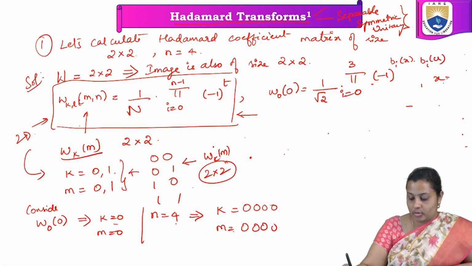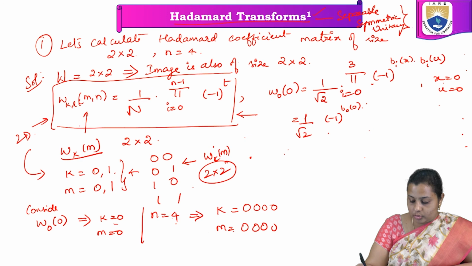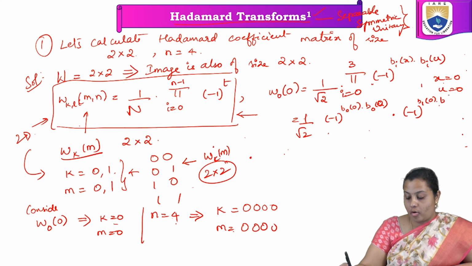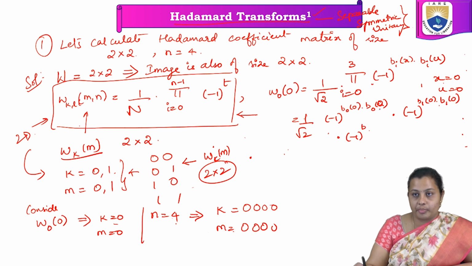So here x equals 0, u equals 0, which can be written as minus 1 power b0 of 0 into b0 of 0, into minus 1 power b1 of 0 into b1 of 0, into minus 1 power b2 of 0 into b2 of 0, into minus 1 power b3 of 0 into b3 of 0.